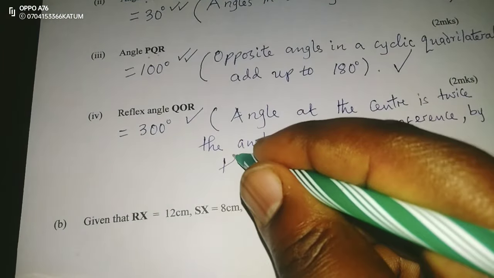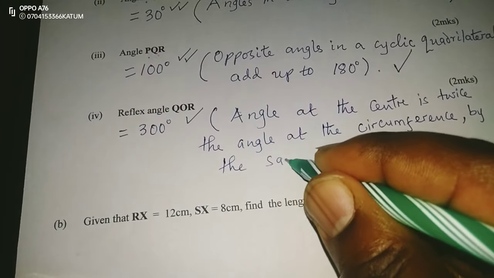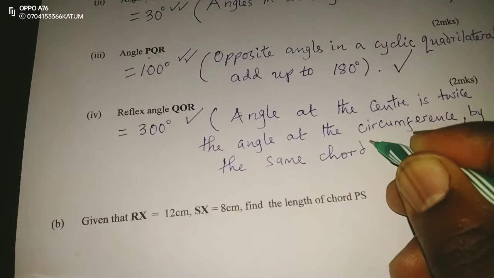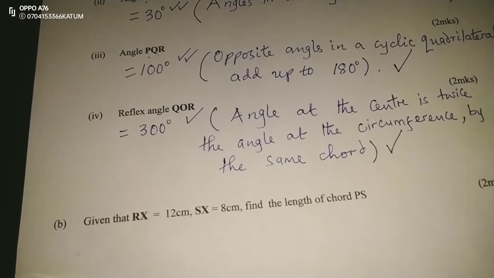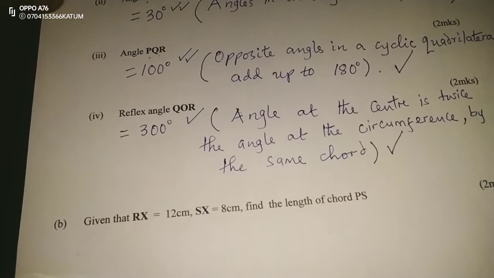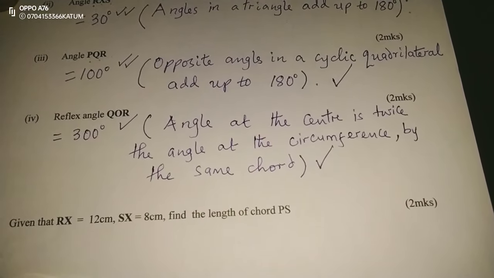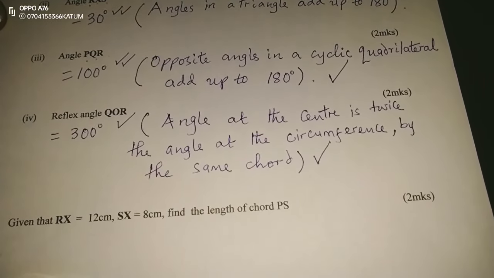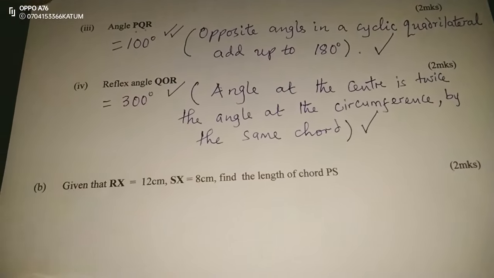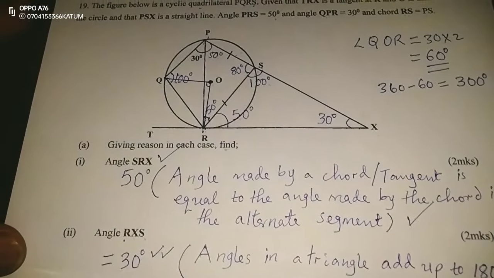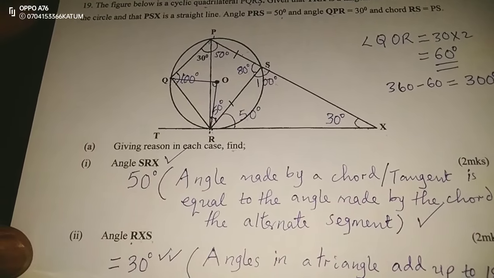So if these angles have been produced by the same chord, one at the circumference and another at the center, then the one at the center will be double the one at the circumference. That is why we concluded that the angle QOR equals 60.